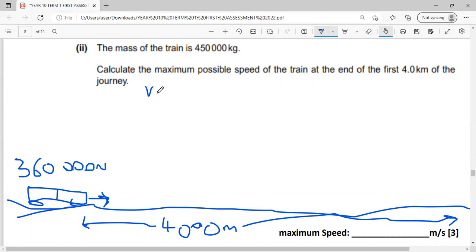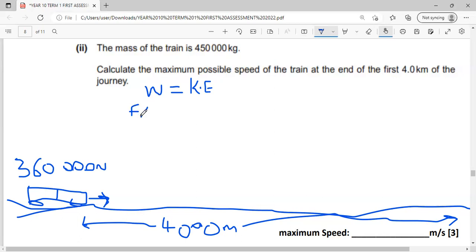So the work done, which you have calculated, must be equal to the kinetic energy given to the train, with the assumption that no form of energy is lost. What's the formula for work done? Force times distance, which we have calculated in the early part of this question. So we have force times distance is equal to kinetic energy.